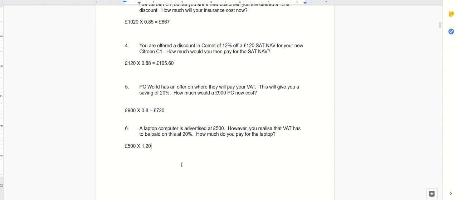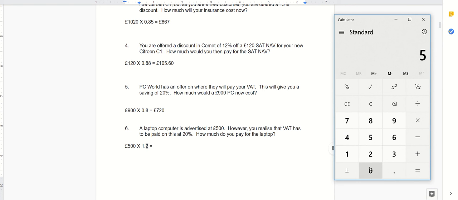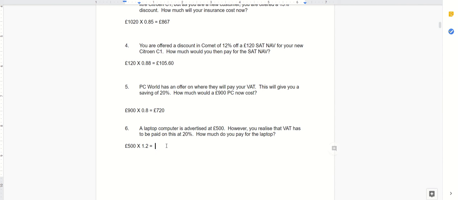We represent it as 1.2. So multiply that by 1.2 for the 1 and 20%. So 1.2 represents the original cost plus 20%. So 500 multiplied by 1.2 gives us £600.